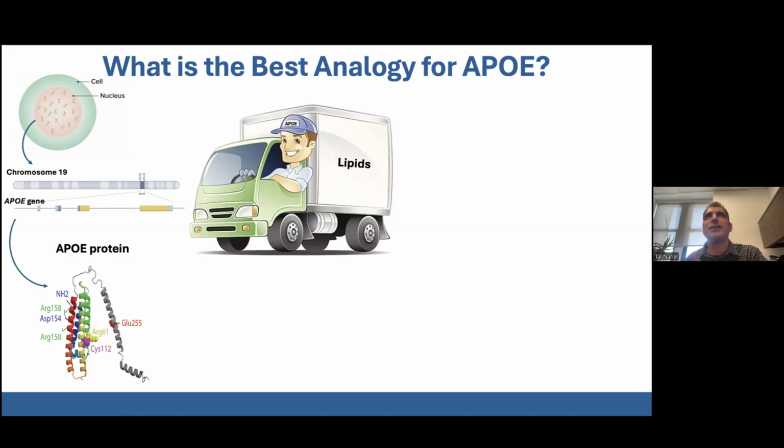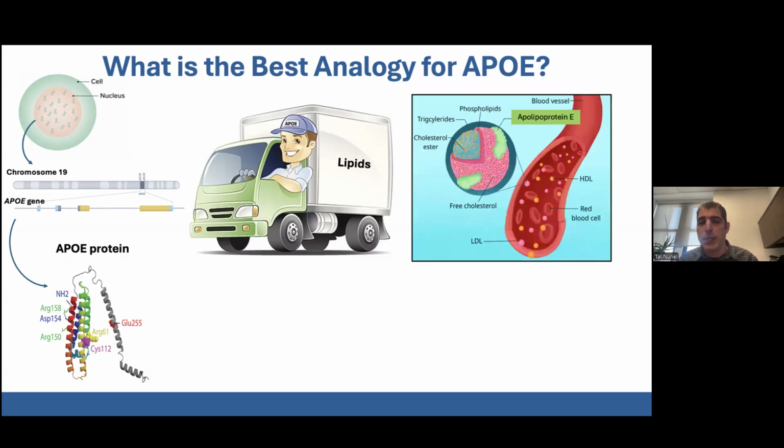But like a truck driver, if everything's going right, they're doing a very obviously important job, bringing around materials and different things that are needed for buildings and everything else. But until there's a supply chain issue or a strike or something, you don't really think about them day to day. And that's pretty much what ApoE is.